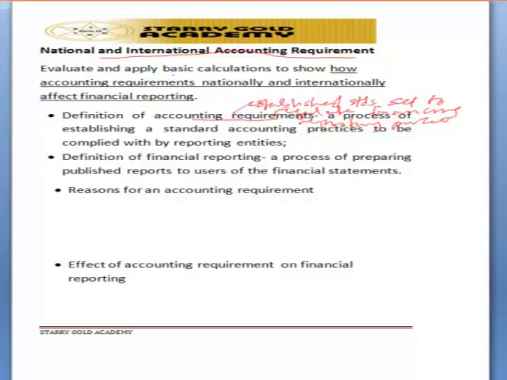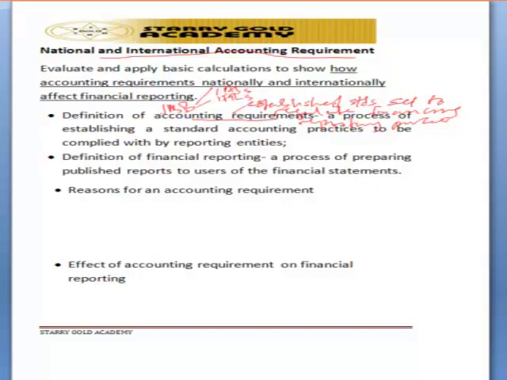These accounting requirements, like we learned from our introduction, we have what we call standards, which the IASB set. We have what we call IASs and IFRS. I'm going to be talking about these two sets of global standards because Nigeria as an economy has adopted IFRS, which became effective on 1st January 2012 for all quoted companies in Nigeria.